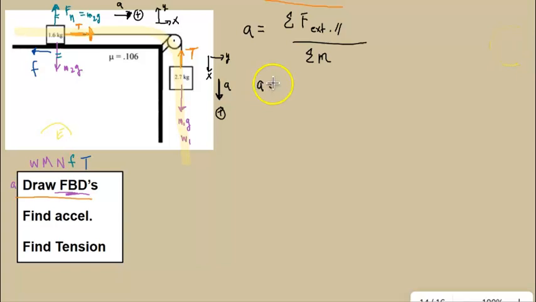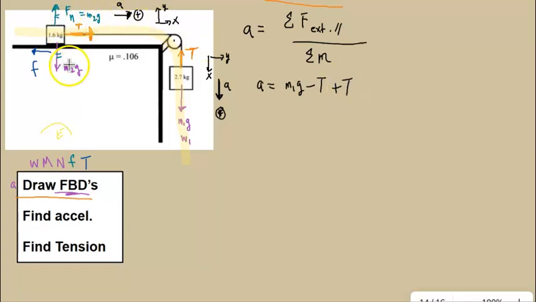So the acceleration is any force that is in the positive direction, or, is positive, duh. So it's going to be m1g minus tension. Oh, that tension is positive. Plus tension.